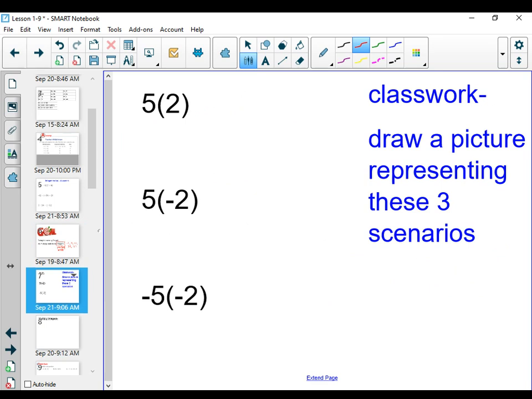If we were going to draw pictures representing these three scenarios, 5 times 2 has been something you've practiced since 3rd grade, and what that actually means is 5 groups of 2 items.